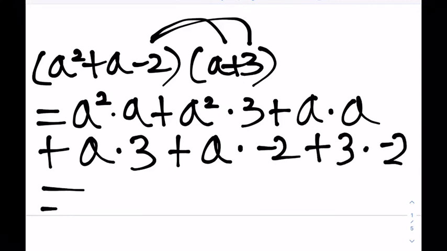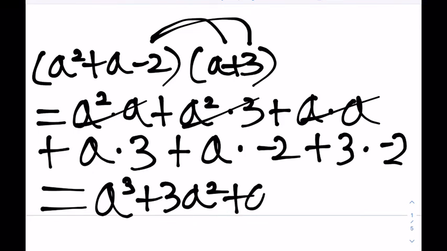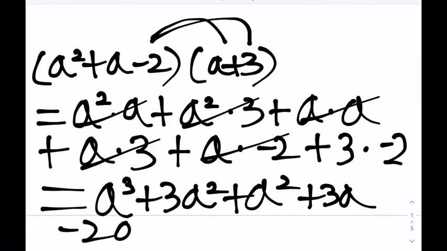And if we calculate all of this, that will be a to the power of 3, plus 3a squared. This will be a squared. This will be 3a. That will be -2a. And that will be -6.